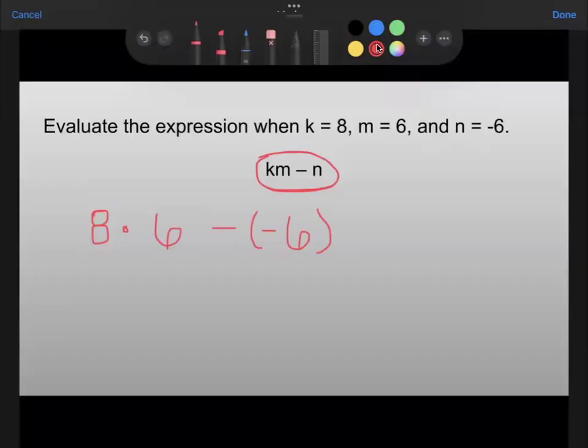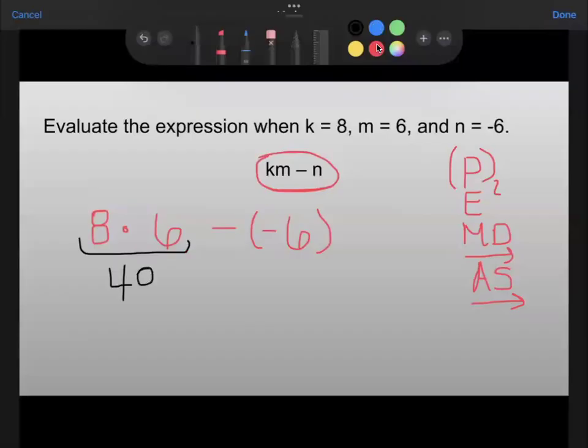Okay, so again, we're going to follow PEMDAS because we have multiple operations here. That would be parentheses, exponents, multiplication, division from left to right, and addition, subtraction from left to right. And I like to put these little symbols here to remind me what those are. Okay, so looking at our expression now, we have multiplication and we have subtraction. So according to PEMDAS, we would need to do the multiplication first. So I'm going to multiply these two numbers, which would give me 48.